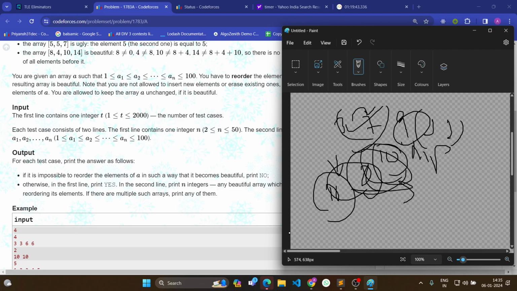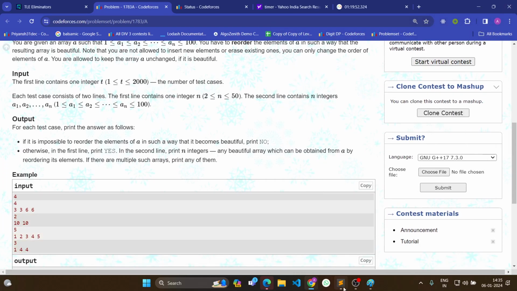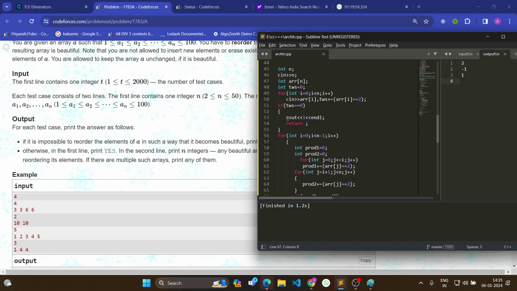But if the count of the maximum element is more than one, then the answer is no.